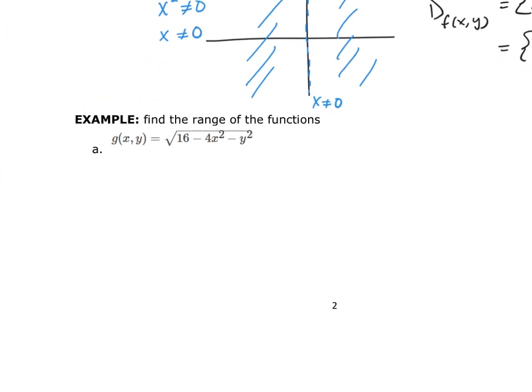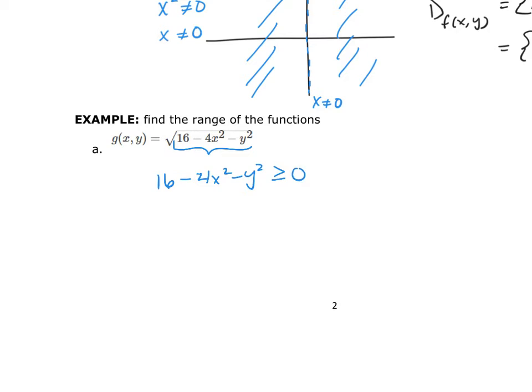Now, let's take a look at this one. We're asked for the range of this. So the first thing I'm going to do is say, okay, let's see where I am. Now, this has to be greater than 0. So 16 minus 4x squared minus y squared has to be greater than or equal to 0.